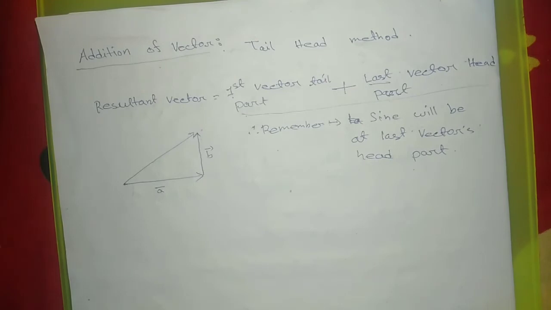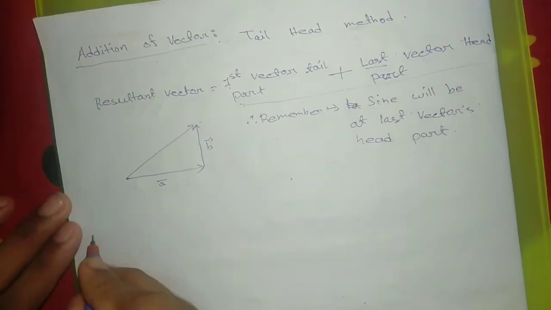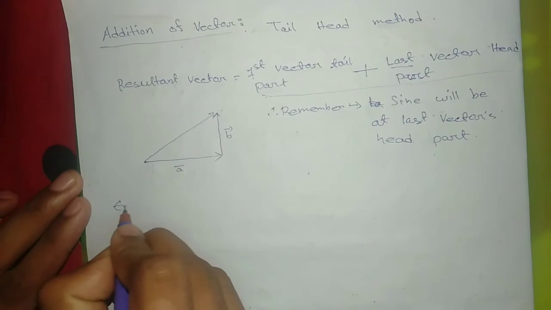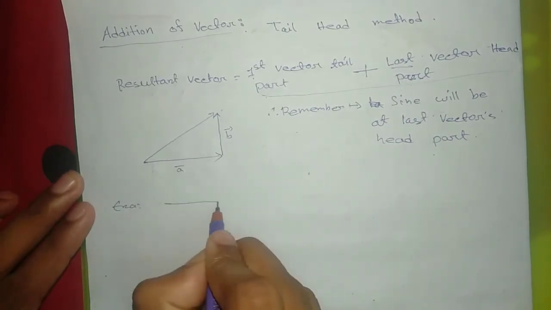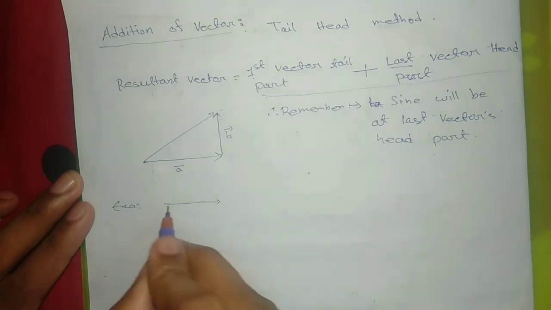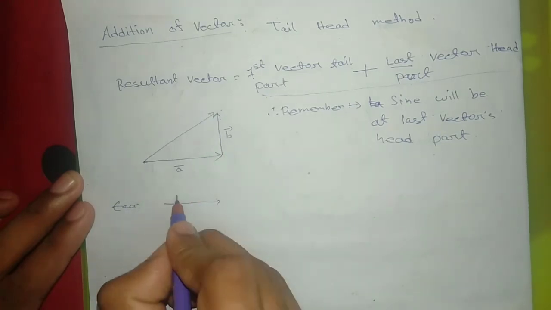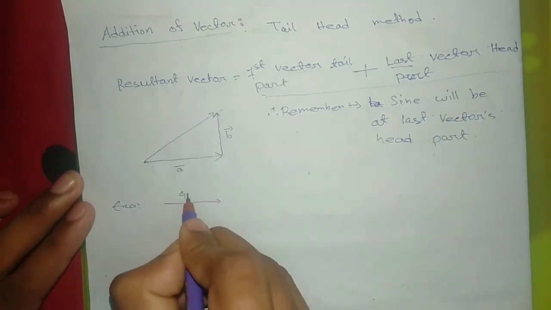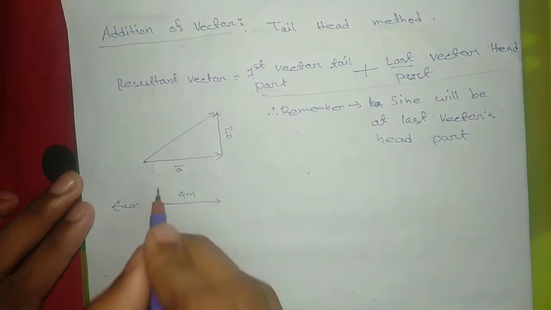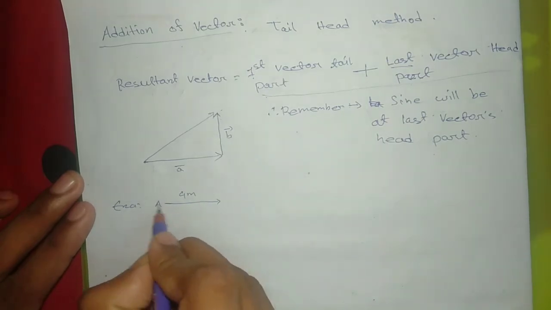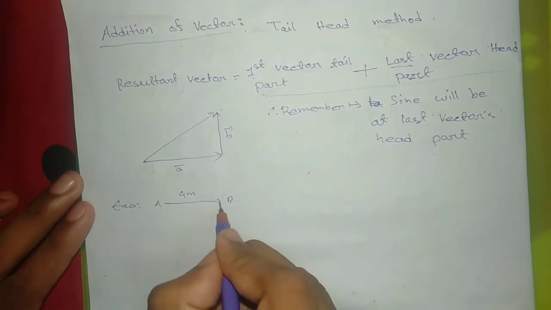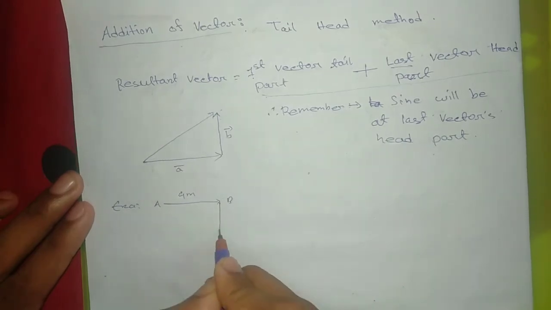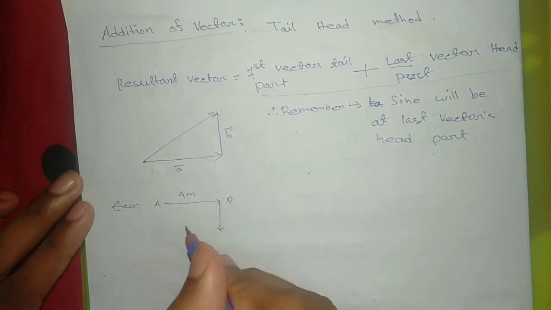Now I am giving an example. This is a vector, I am giving it 4 meters. Okay, A to B, and then change its direction at this place. This is B vector.